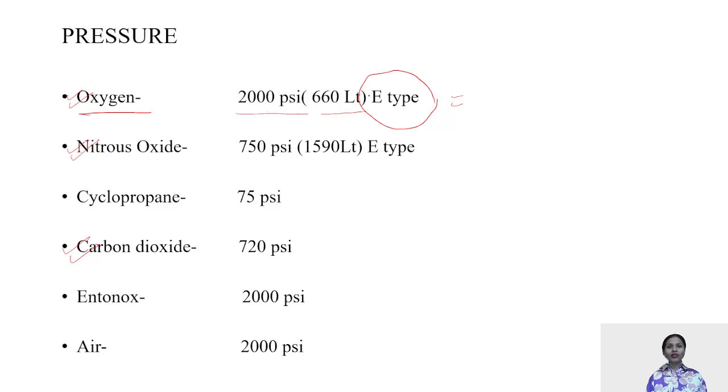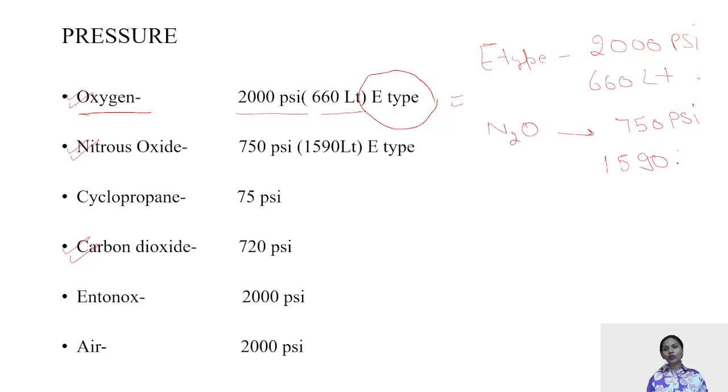You have to remember this. Whereas nitrous oxide has 750 psi with a volume of 1590 liters. It is generally in the liquefied form. And carbon dioxide has a pressure quite similar to nitrous oxide, that is 720 psi.